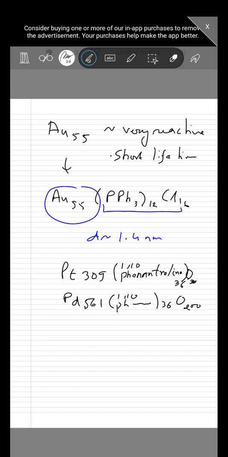Now the magic numbers that we have discussed, for FCC they are 1, 13, 55 and for HCP 1, 13, 57.